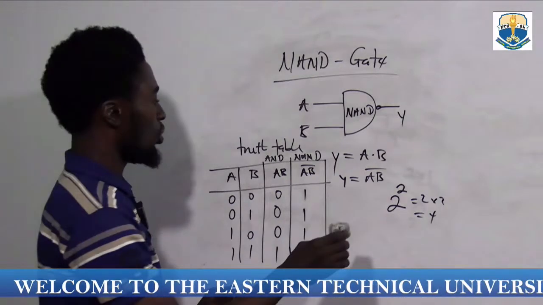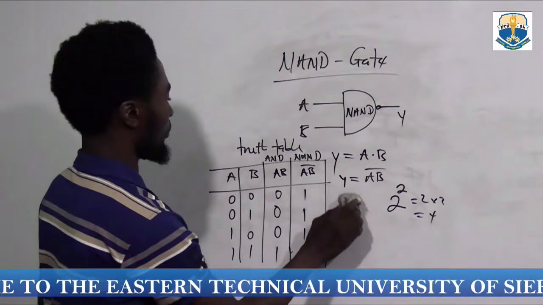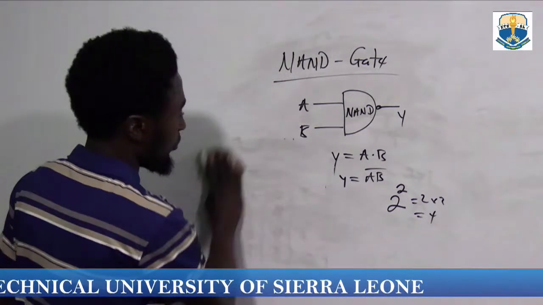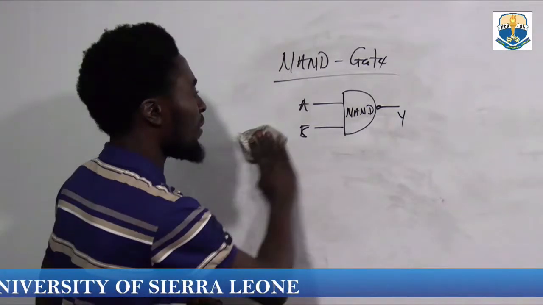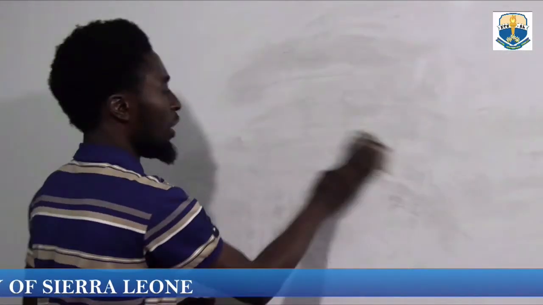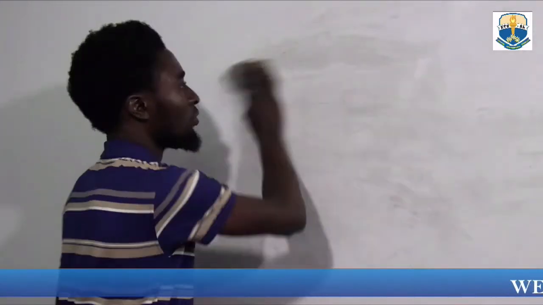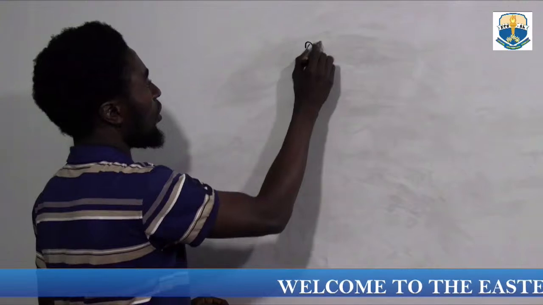So for the NOR gate, we are going to perform the OR, and we invert that output. So we say OR gate.